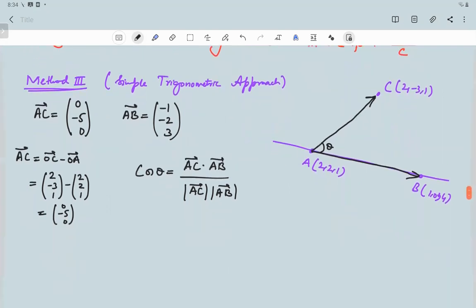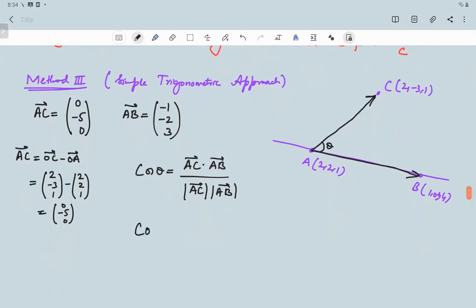Now AC dot AB is equal to minus 1 multiplied to 0 plus minus 2 multiplied to minus 5 plus 3 multiplied to 0, under root.